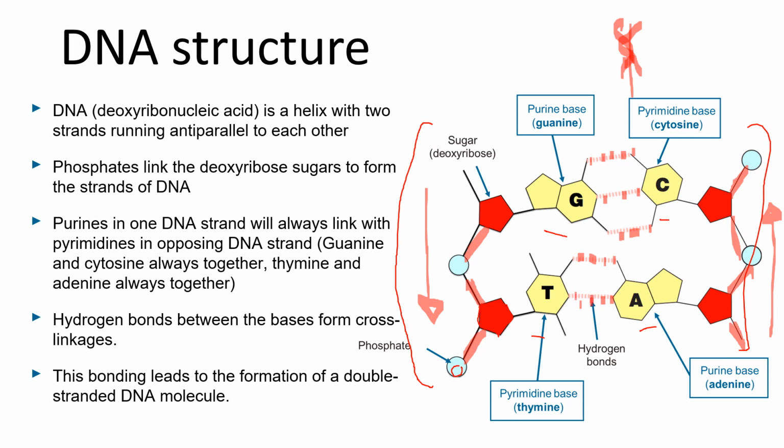And this is what forms our complete DNA structure. So when we see that DNA ladder structure and we see all those little moving parts in there, this is just a zoom in on one of those parts of the ladder. Okay, so we've got our sugar phosphate backbones, we've got our bases that are connected with hydrogen bonds. That's the basic generic DNA structure that you'll need to be able to replicate.